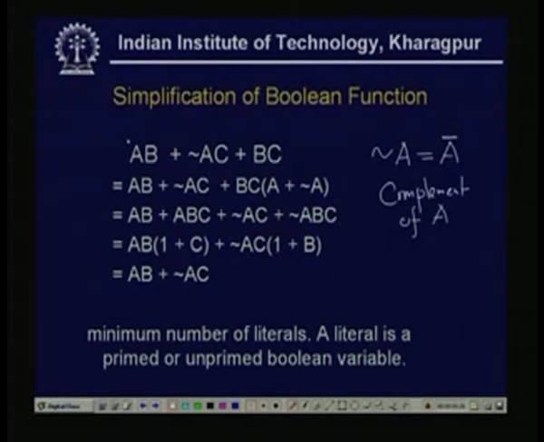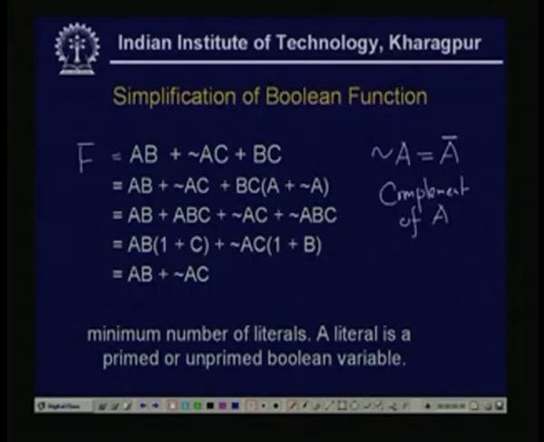So, if I have one function say f equal to a b plus a bar c plus b c, how can we simplify this? Now, I know the 4 postulates and 6 theorems.